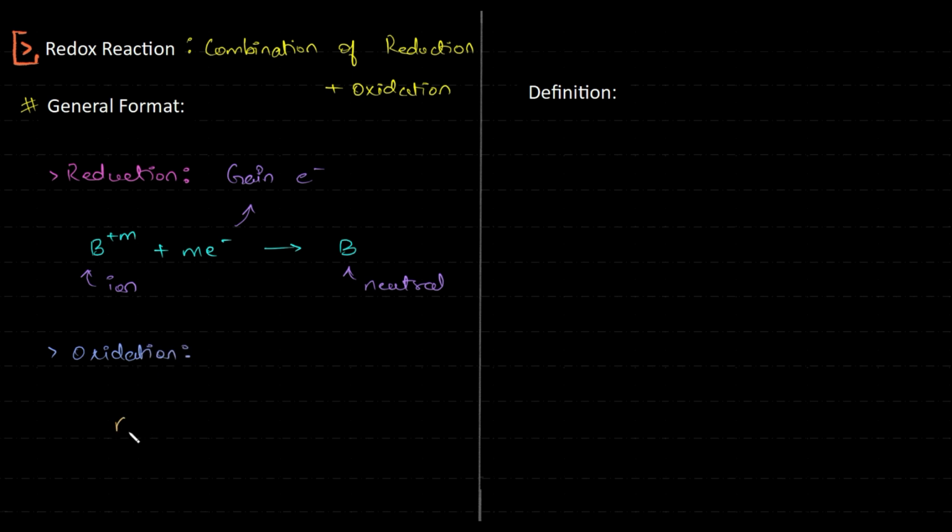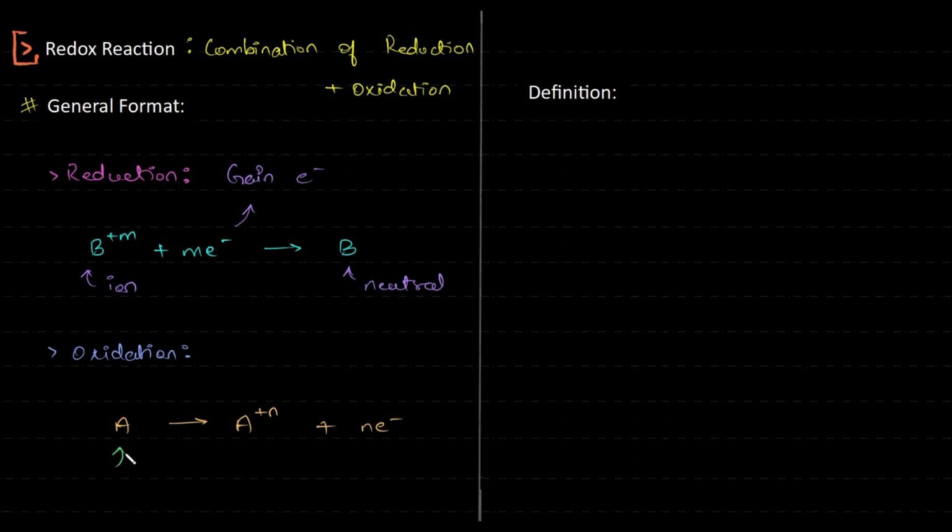Then we have oxidation, wherein we have something that is neutral. It can be again an atom, if not a molecule, it will lose certain set of electrons and it becomes a positive ion.